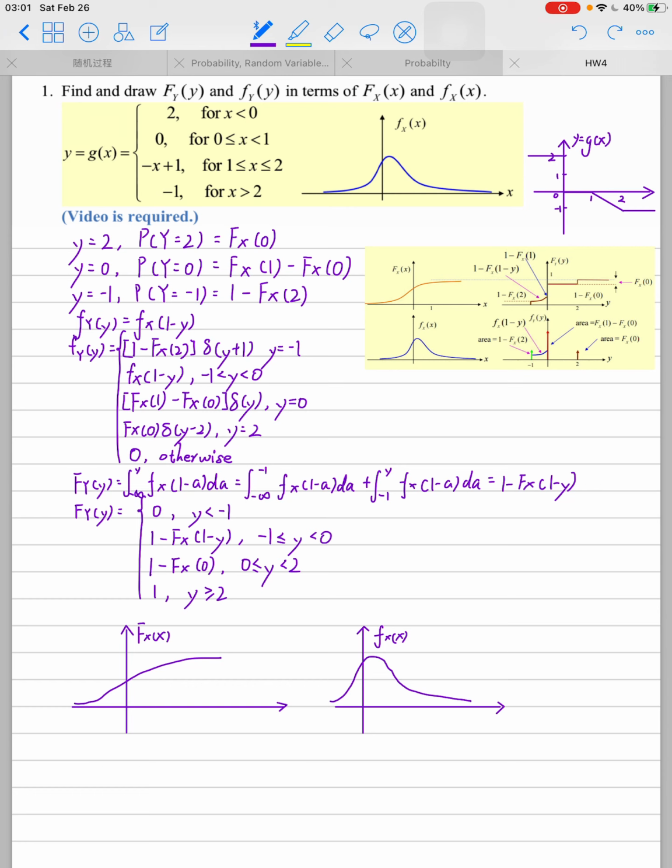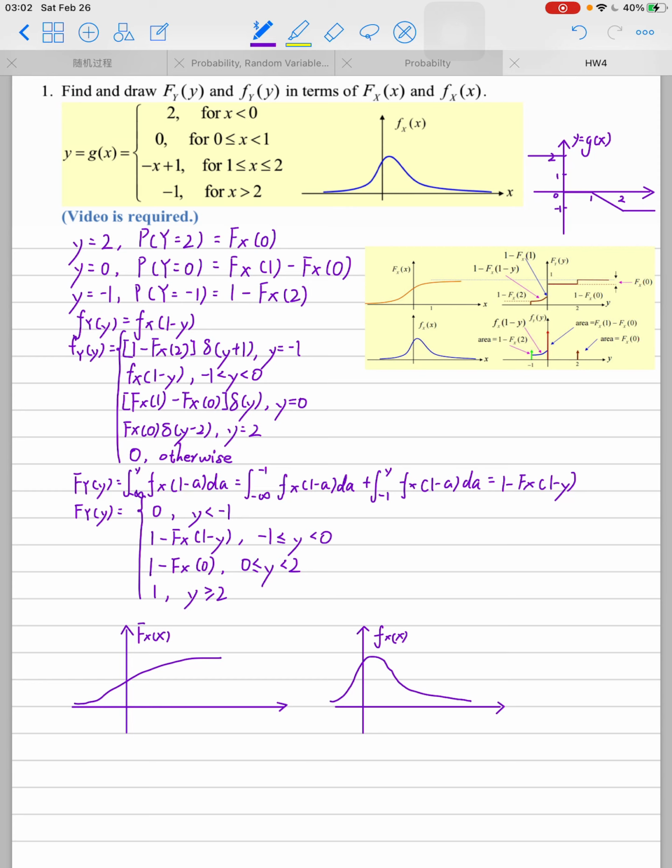So f_Y(y) equals, from the diagrams and the formula, we can get f_Y(y) equals (1 minus F_X(2)) times delta(y plus 1) when y equals negative 1.